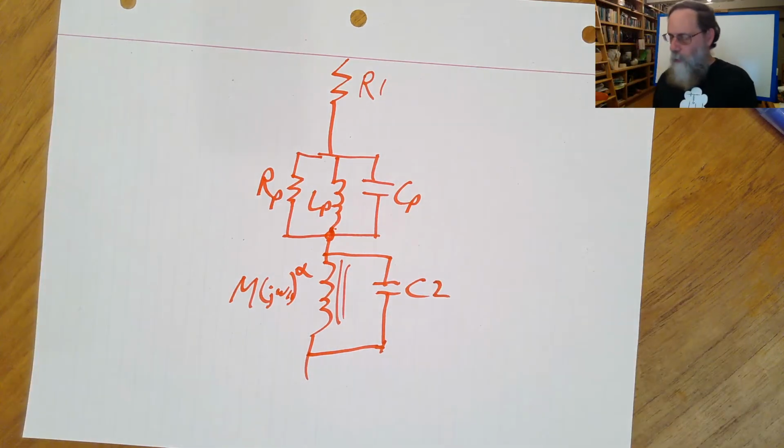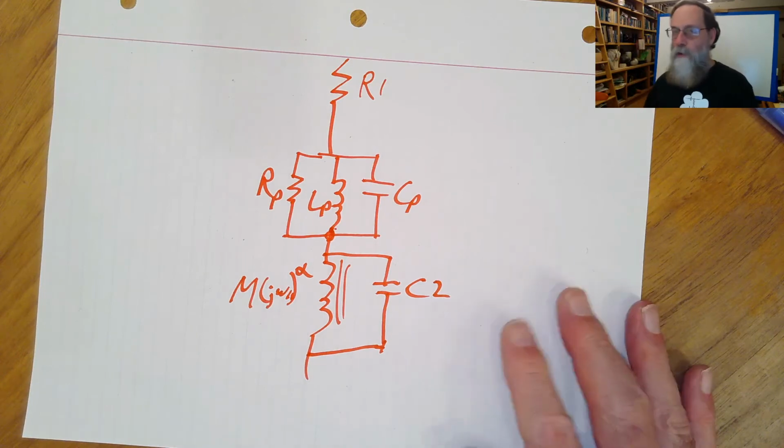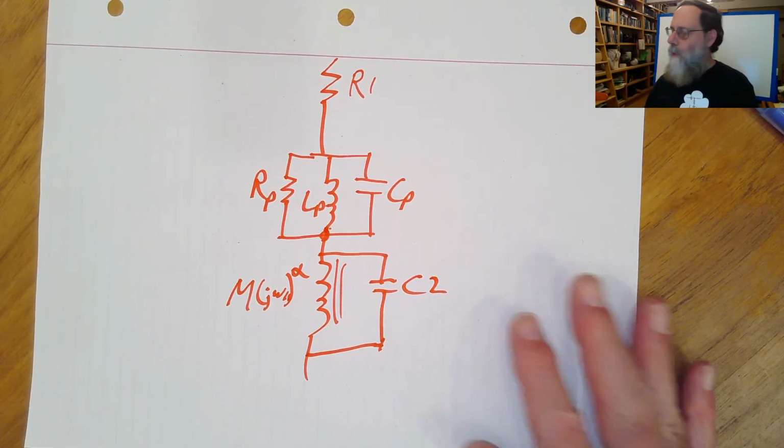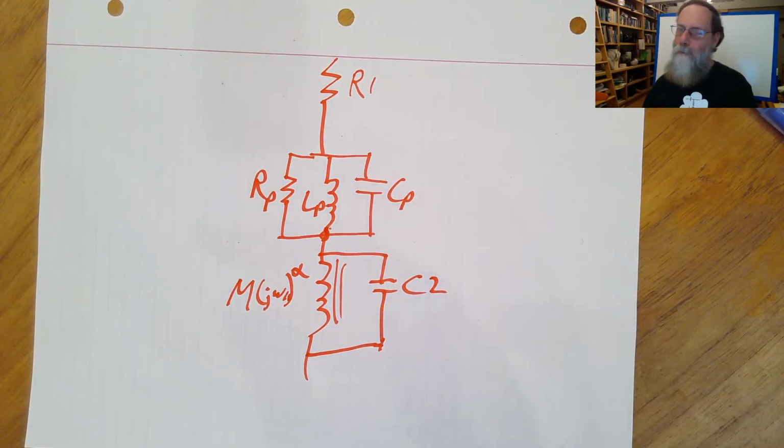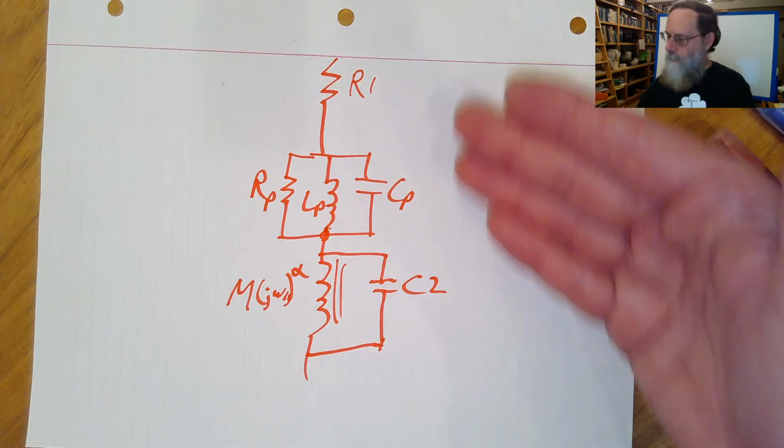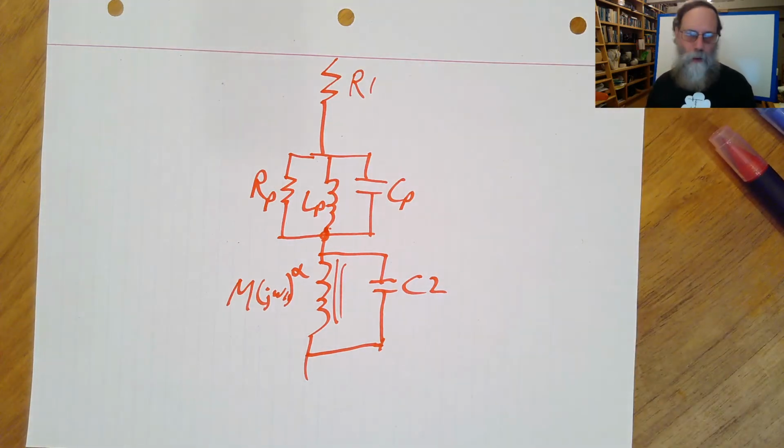Okay, so what we're going to need to do is we're going to have to construct this model. We're going to have to get initial estimates for each of these parameters, and then do fitting to fit the model to the magnitude data. Okay, so let's take a look at the scripts we're going to use for that.